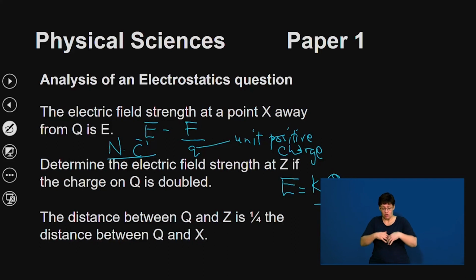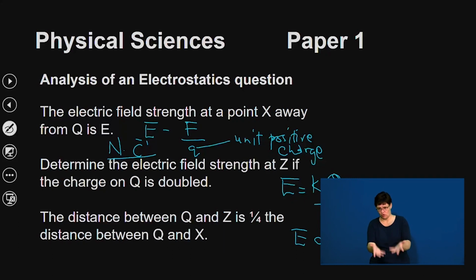So E is inversely proportional to the square of the distance, while E remains directly proportional to the charge. So if we double the charge that creates the field, E will also be doubled. If we double the distance, remember, it's about the square of the distance, so it will be 4 times as small. So we use more or less a similar approach.